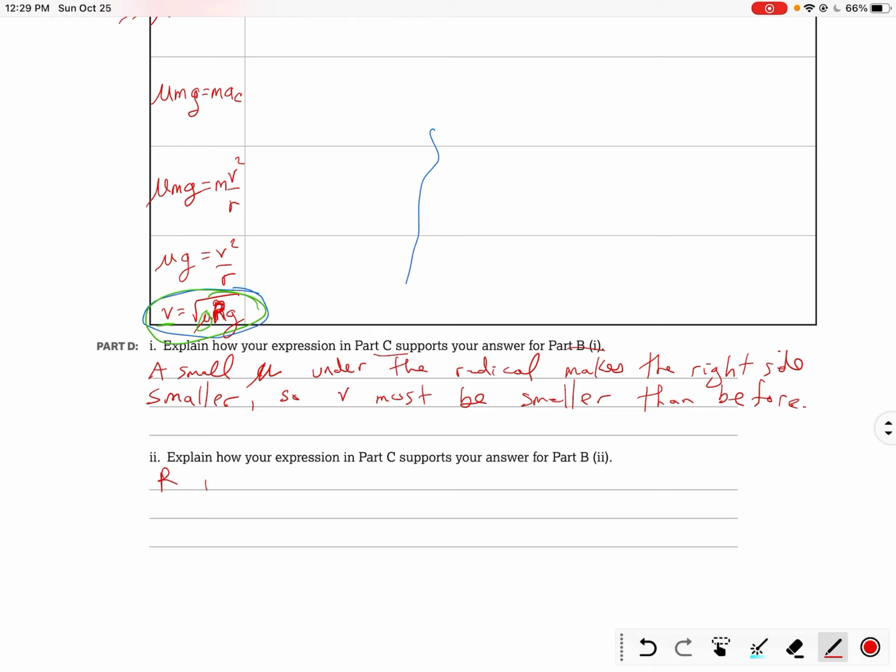So a larger r on the right side results in a larger v as well. There we go.